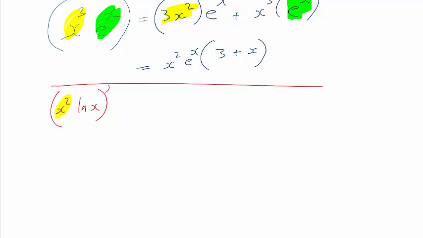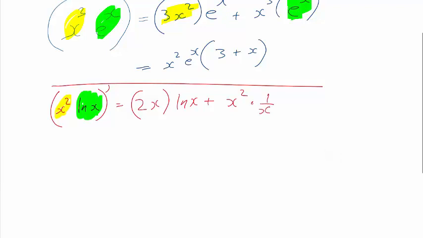Product rule, first guy, then the second guy. So we have 2x natural log of x, plus x squared times 1 over x. Here's the derivative of the first guy, and then the derivative of the next guy.